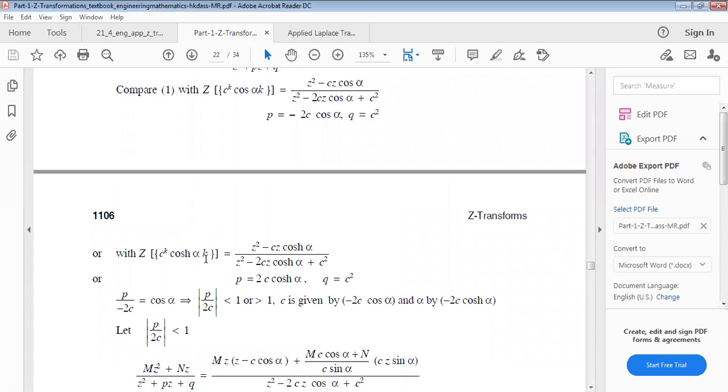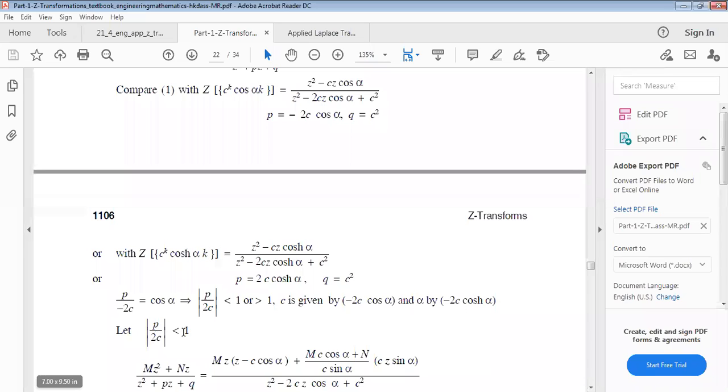So the z transformation of this can be written with p equal to this and q equal to this one, where p by minus twice c will be cos alpha. If we convert cos hyperbolic alpha to cos alpha, then we get this one. Now the absolute value of this will be less than 1, because the maximum value of cos alpha is 1 and the minimum value is minus 1. This is why this value is less than 1, because cos alpha lies between 1 and minus 1, and this is given by minus this, and alpha will be this hyperbolic one.